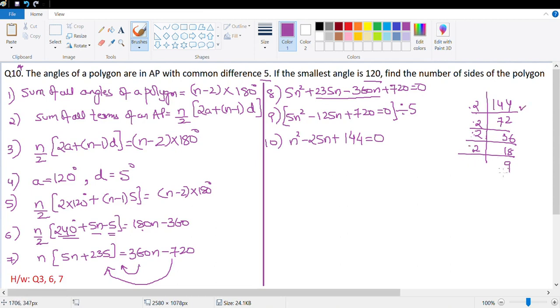Yes, and so negative 16 and negative 9 will give me negative 25. So I've got my factors, negative 16 and negative 9.